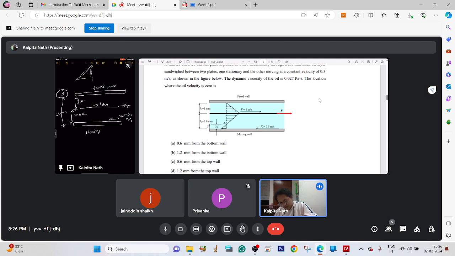So the velocity profile that we are getting here will be like this. The velocity at this point we need to find.